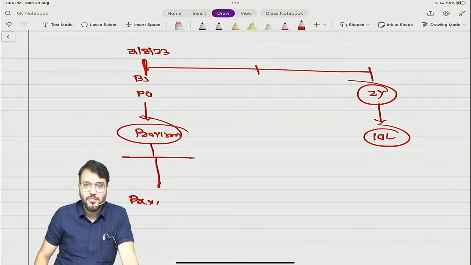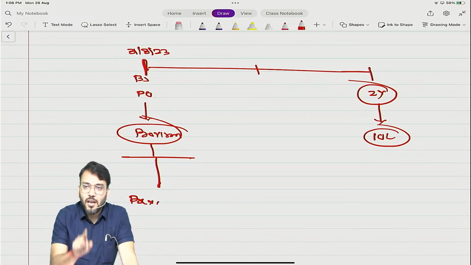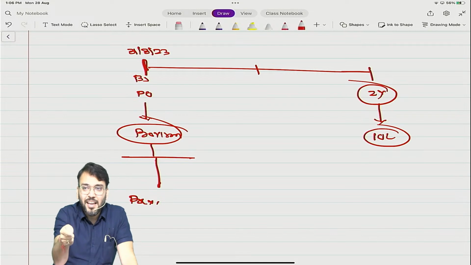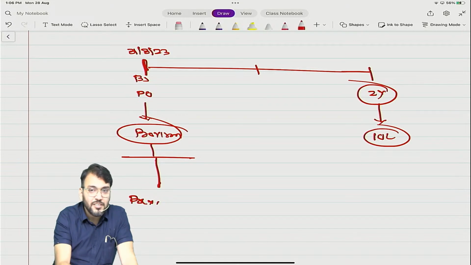Have you understood my question? Once again. After 2 years, how much will be paid? 10 lakh. Correct. But we are preparing the balance sheet right now. So my provision amount should be 10 lakh or present value of 10 lakh?